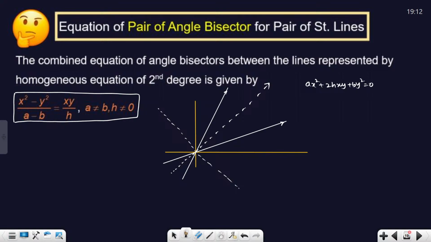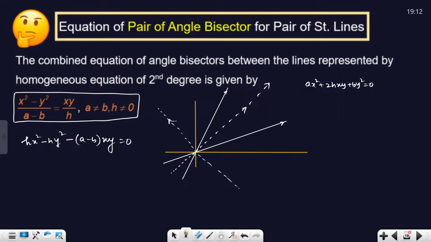X square minus y square divided by a minus b equals to xy by h. Right? Or else you can write in this way also. Hx square minus hy square minus a minus b xy equals to 0. This is the combined equation of these angle bisectors.